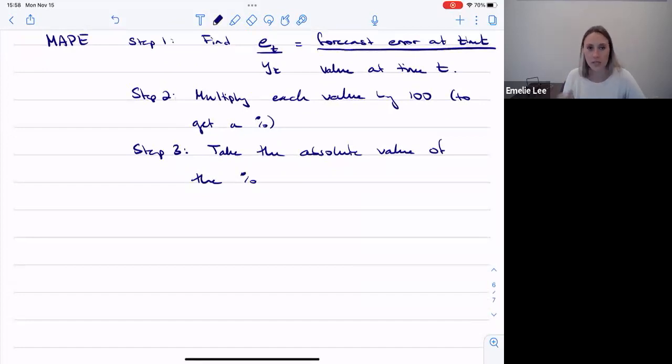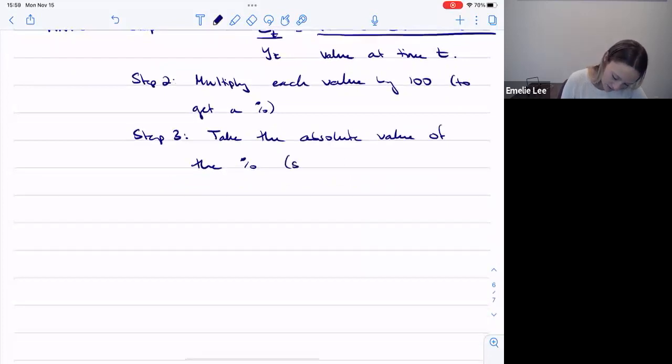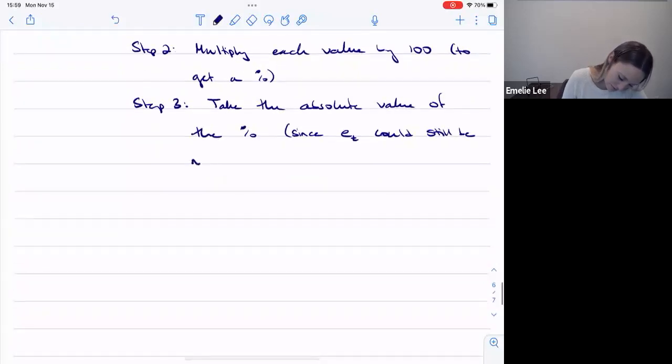We want to get rid of any negatives because those would just cancel out the positives and we'd typically be left at 0, and that's not useful. So we take the absolute value of the percentage, since E subscript t, the forecast error, could still be negative.